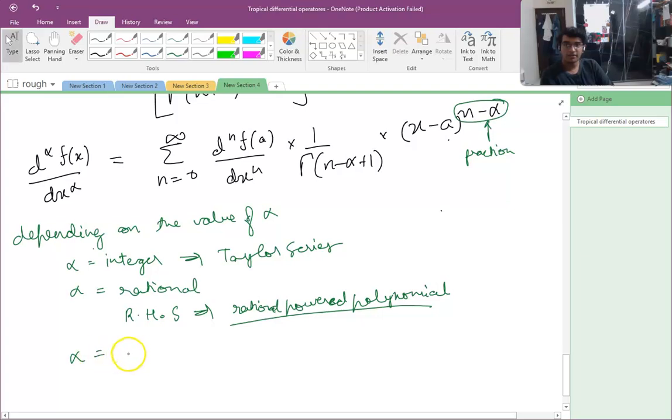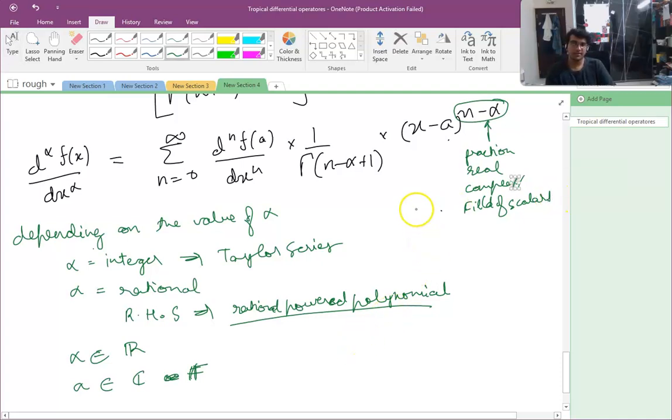Similarly, if alpha is real, then we'll have to worry about real numbers as the degree of our polynomial. And lastly, if alpha is a complex number or anything else, any arbitrary field, then we have to talk about a complex slash field of scalars.